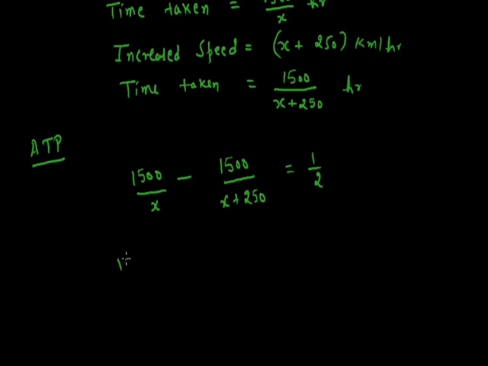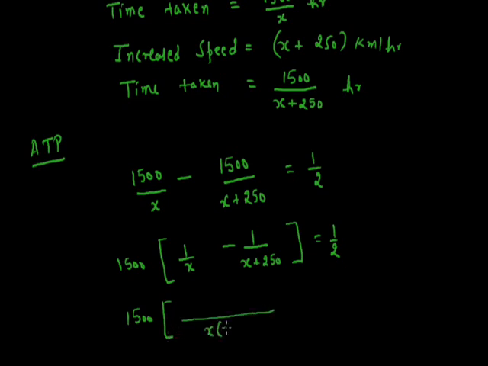Now take common 1500 from the left hand side, so we will get 1 upon x minus 1 upon x plus 250 equal to 1 by 2. So x multiplied by x plus 250, so it will be x plus 250 minus x equal to 1 by 2.